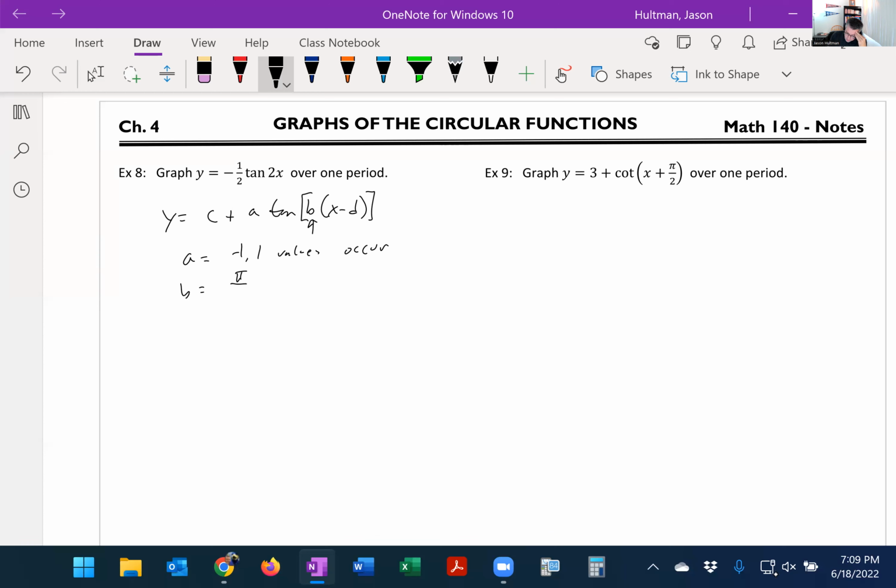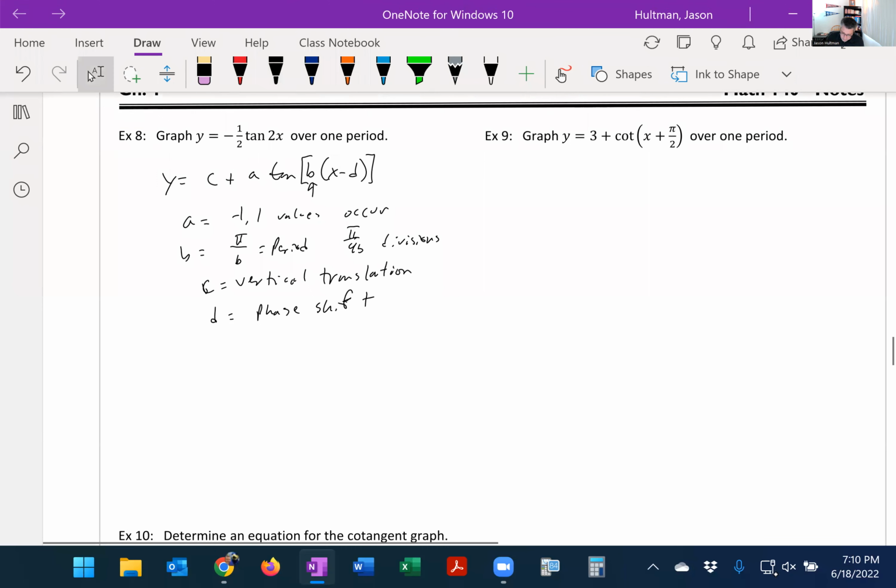B tells me that pi over b is the period, and pi over 4b are the divisions. Those are the divisions we're going to get those 5 values for. C is a vertical translation, up or down, and D is just a phase shift. Very similar to what we had before.